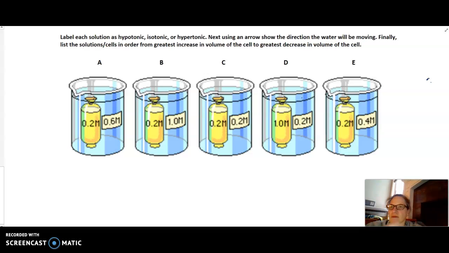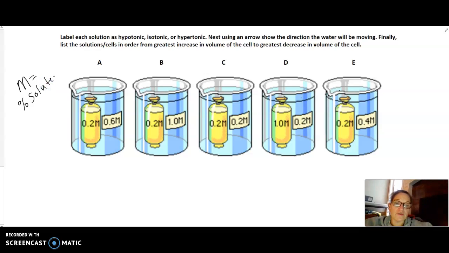Okay, so the M equals percent solute. So this is not water, this is solute. This is the particles inside. And so the bigger M, the more concentrated the solution.